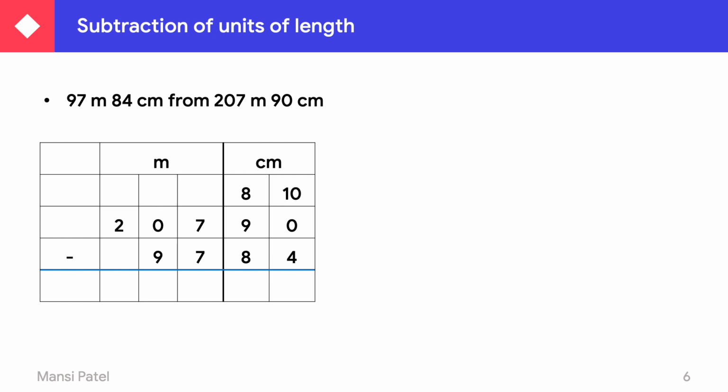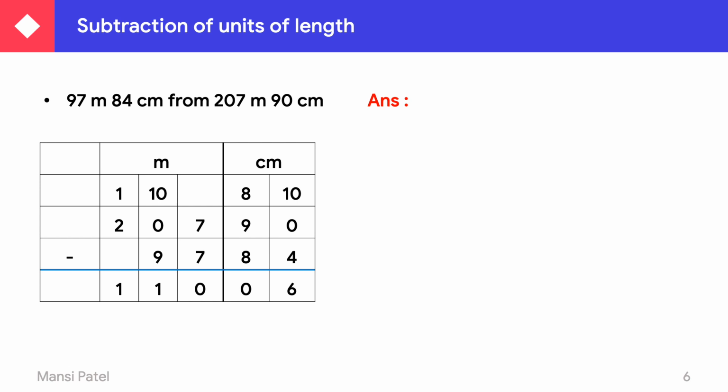Then 7 minus 7, is it possible? But 0 minus 9 is not possible. So we borrow from 2. So 0 becomes 10 and 2 becomes 1. Now do the subtraction. 10 minus 4, 6. 8 minus 8, 0. 7 minus 7, 0. 10 minus 9, 1. And 1 minus 0, 1 only.